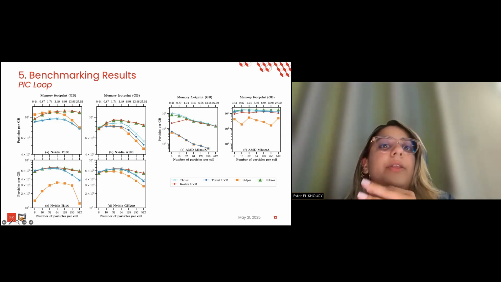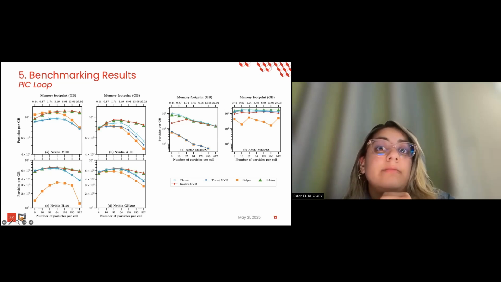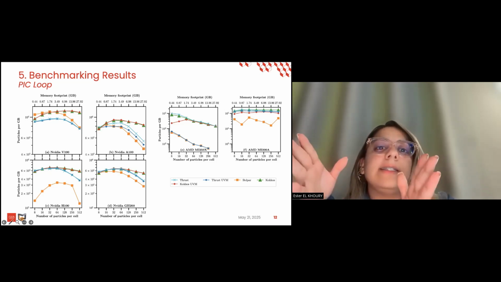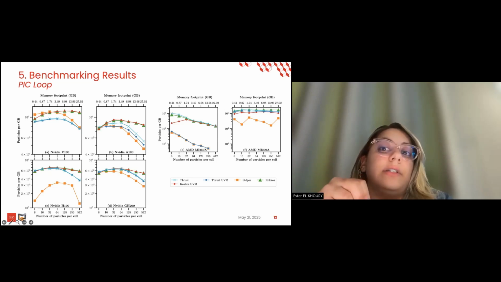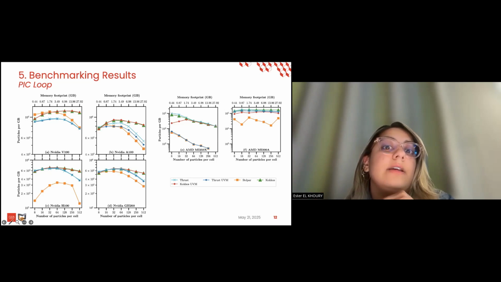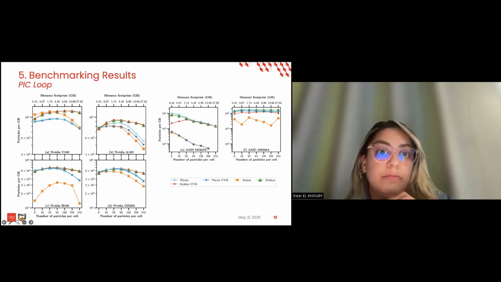But on the MI300A, we have a clear improvement. Performance is very stable across particle counts. Thrust UVM no longer suffers and STD-PAR improves, but it's still behind. Overall, we can say that the MI300A delivers better and more consistent memory efficiency, with Kokkos leading, followed by Thrust and a much improved STD-PAR.